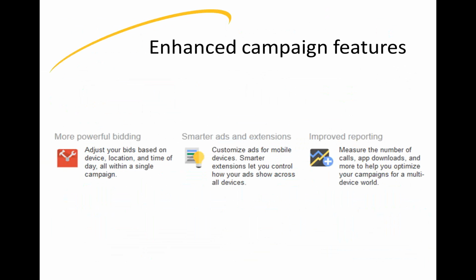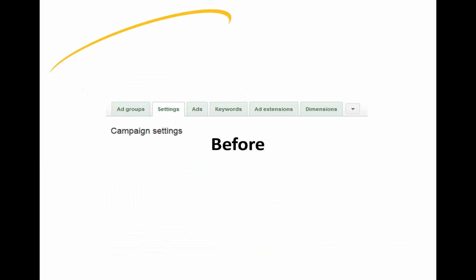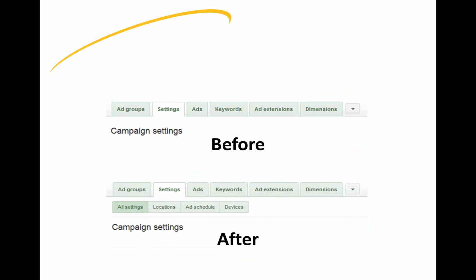So what I want to do is to take each of these one by one and talk about what these improvements are that they're making around the bidding, around the ads and extensions, and then a little bit of the reporting. So first of all, this is what the tabs would look like in a paid search campaign before enhanced campaigns. This is what it looks like after.